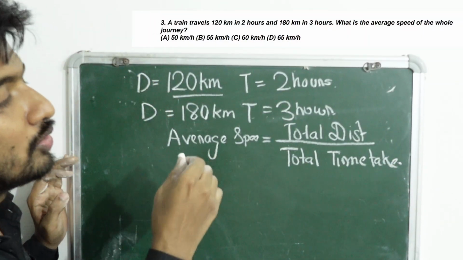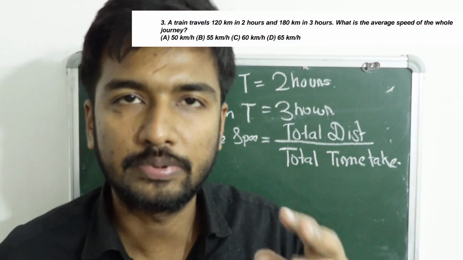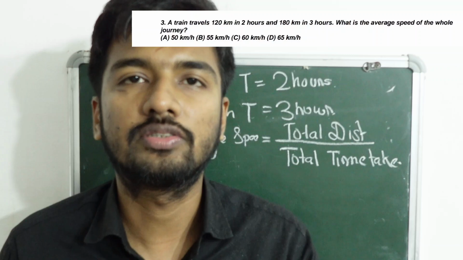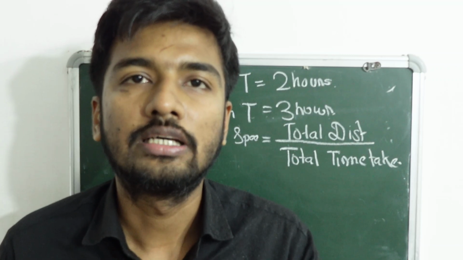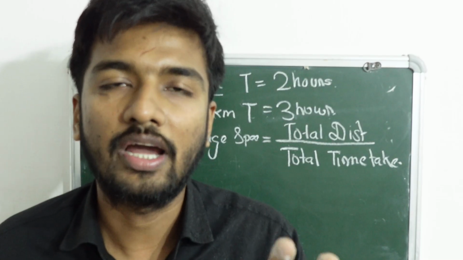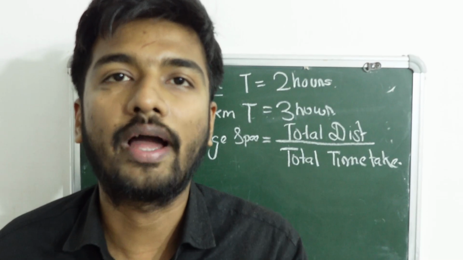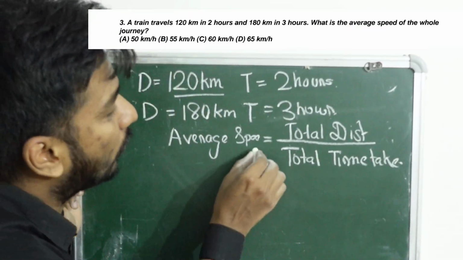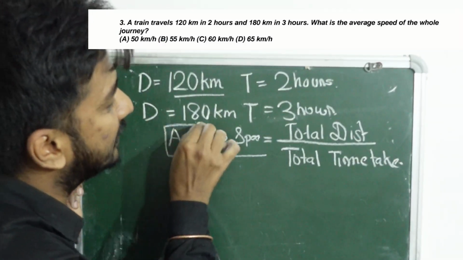Now you don't have to use the formula when speed, distance, time come. It is not necessary to use the formula speed equal to distance by time. No, you have to read what is required in the question paper. So it is required, what is the average speed.